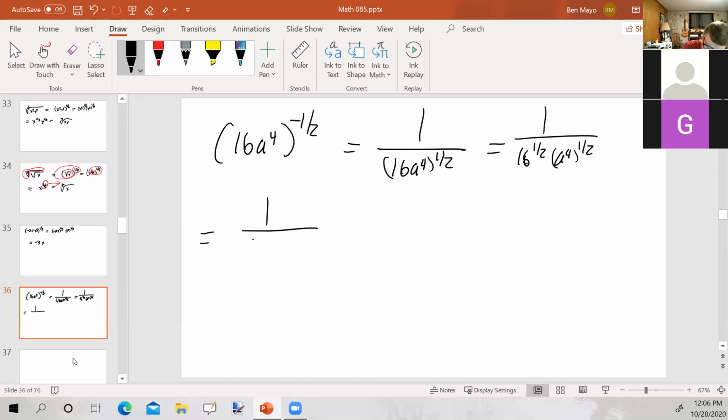What's the square root of 16? 4. Same thing as 1/2 power, right? You got to get used to that. A to the 4th to the 1/2 would be a to the, what's 4 times 1/2? Would it be a squared?